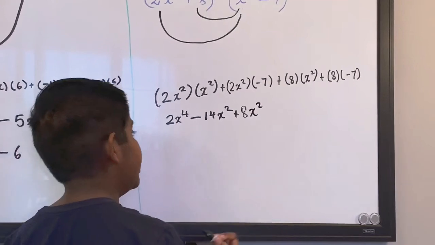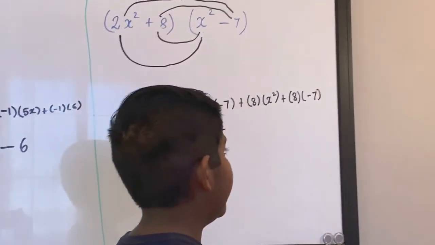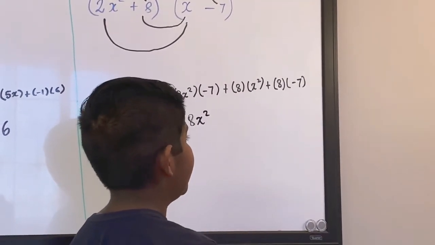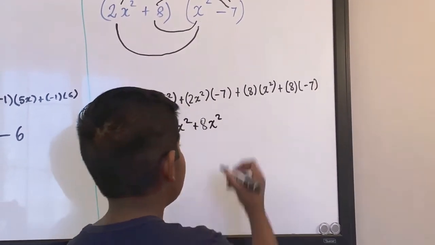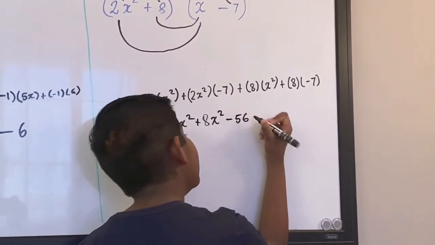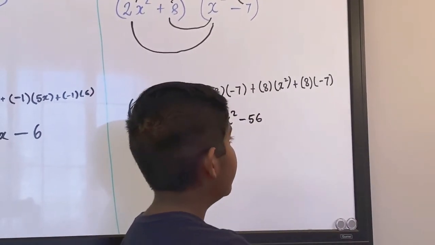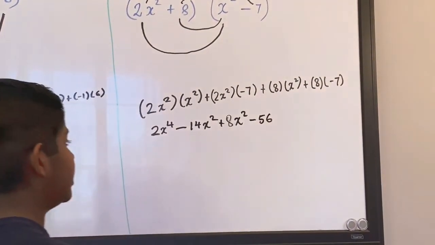So 8x squared. On to the last part. Positive 8 times negative 7. We have a positive number and a negative number, so our answer is going to be a negative number. And 8 times 7 is 56. So minus 56. And we have no variable in this term, so we write minus 56.